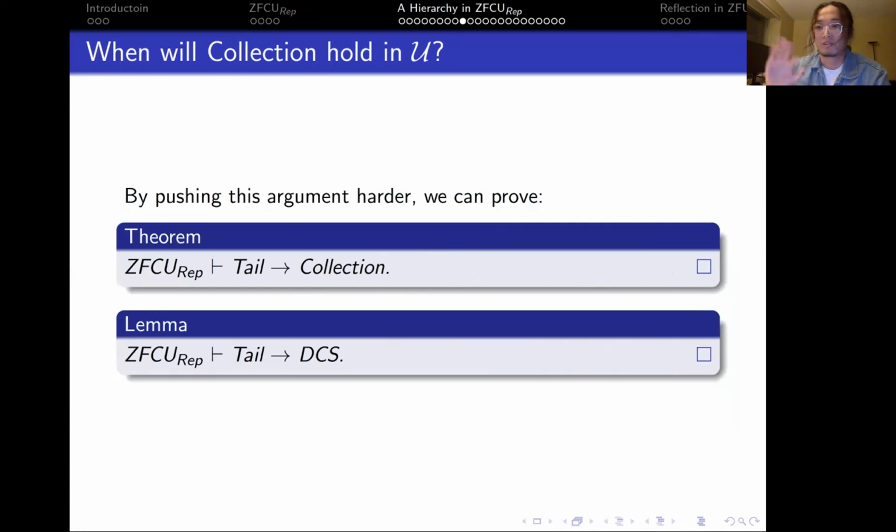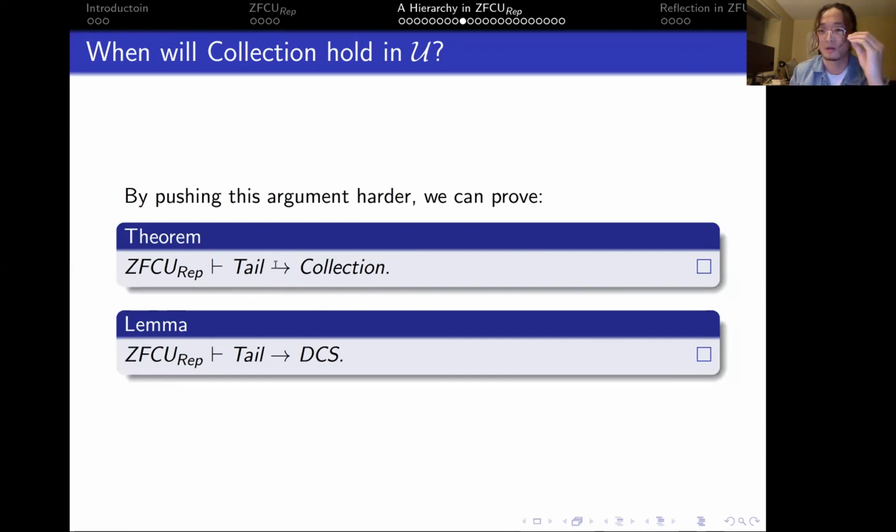By pushing this kind of argument a bit harder, we can show that tail, which says that either plenitude holds or every set of urelements has a tail cardinal, also implies collection. We need to show two things. First, if plenitude holds, then collection holds.